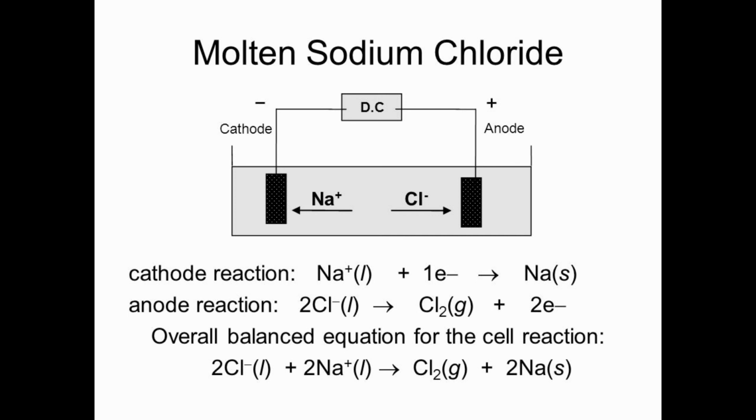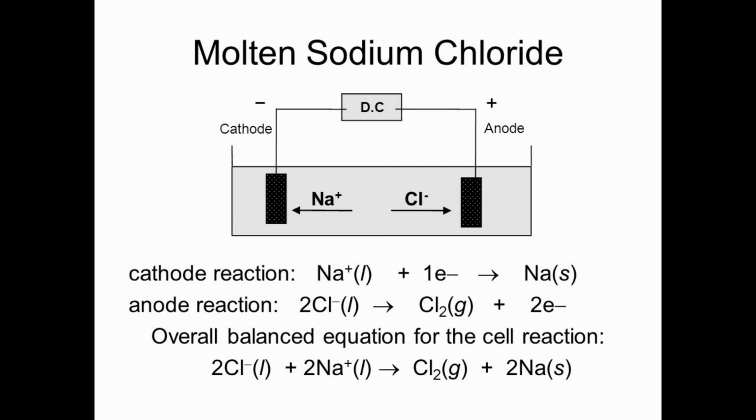Once the electricity is passed through the sodium chloride, it will get decomposed into sodium ion and chloride ion. Sodium ion will go to the cathode, whereas chloride ion will be liberated at the anode.